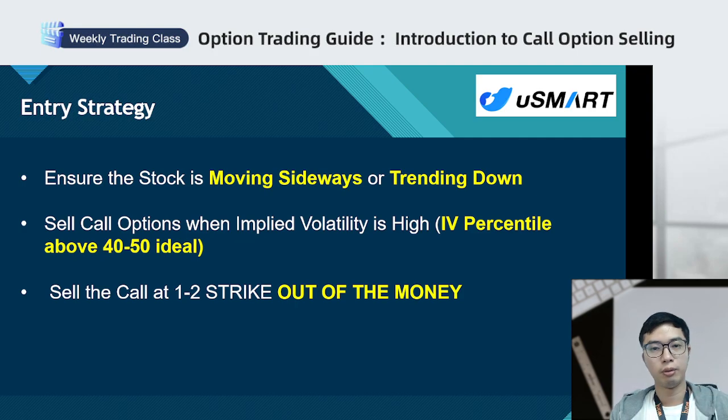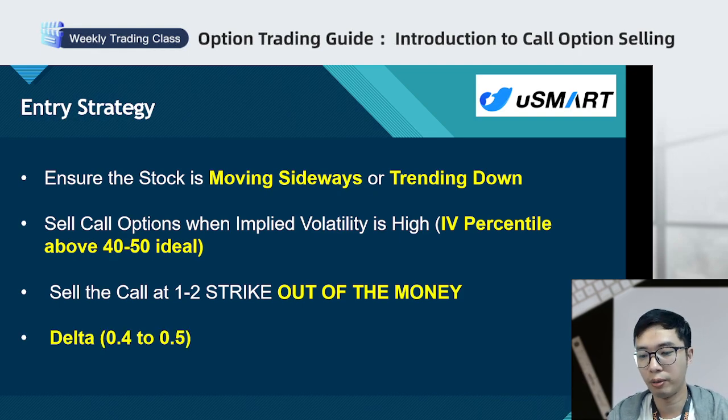Because if the call buyers are out of the money, they will lose the money. So we as the sellers benefit when the call options are out of the money. It's just the counterpart of the sellers. We as the seller are versus the buyer.